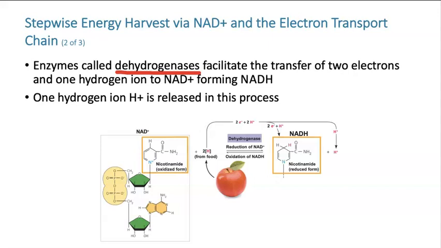So we can see an example of a dehydrogenase right here, where we take our NAD+, and no, you do not have to memorize what this looks like, just so you know. We're going to have our NAD+ and take some hydrogen from food that we eat, and in the presence of a dehydrogenase, we're going to transfer those electrons and the protons over to NAD to make it NADH.